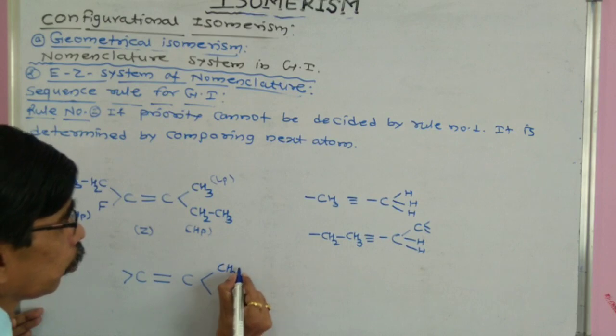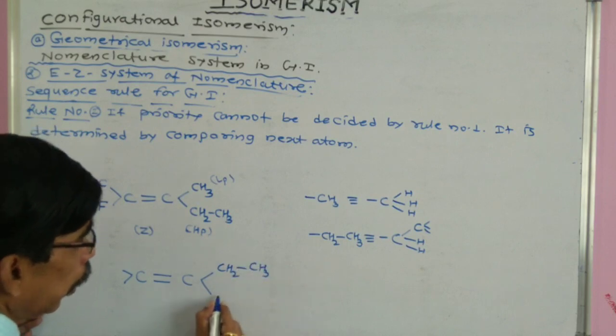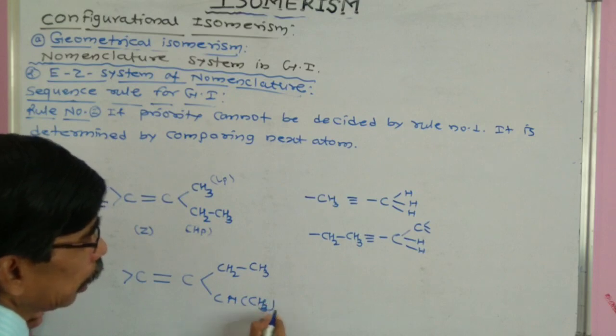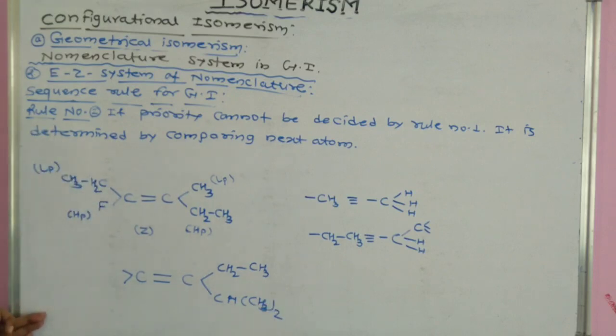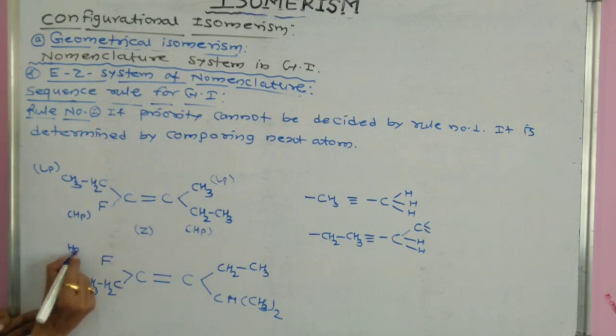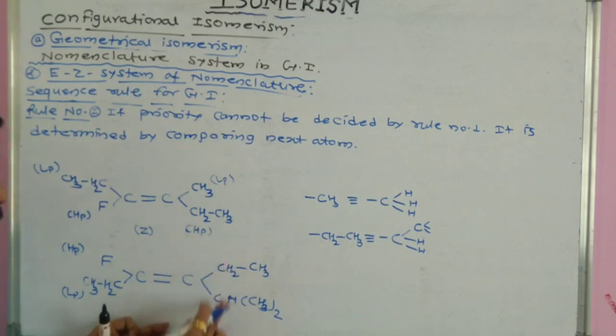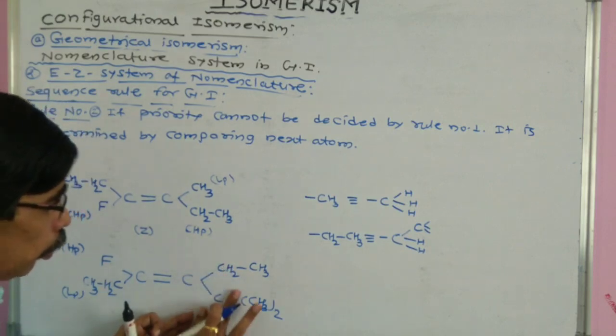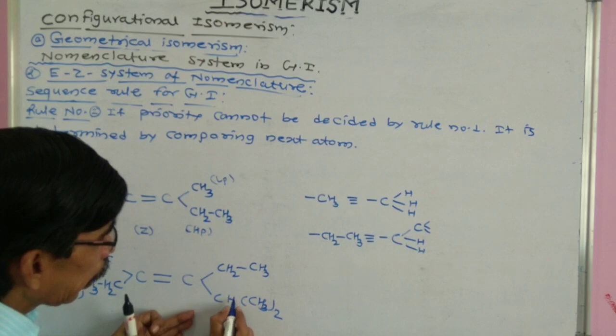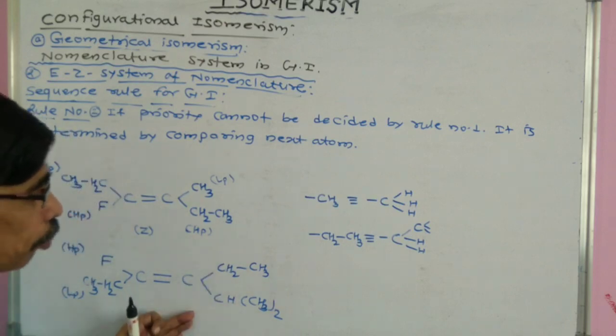CH2CH3, and CH, the CH taken twice. Here F, CH2, CH3. Now this has higher priority than this CH2, CH3. Now in this example, the first atom is carbon.